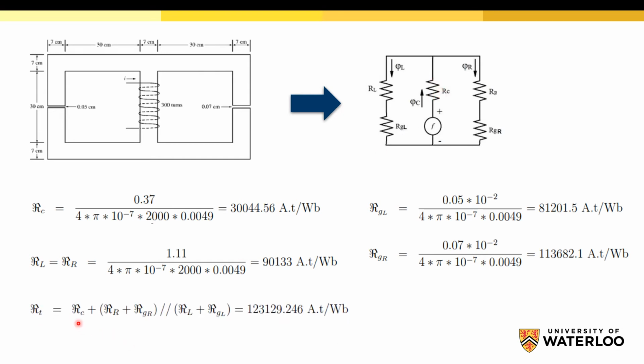So we have the center reluctance plus these two in series for the right core and the right air gap, representing this leg, and the left core and the left air gap, representing this leg. These two in parallel and in series with the center to calculate the equivalent reluctance.